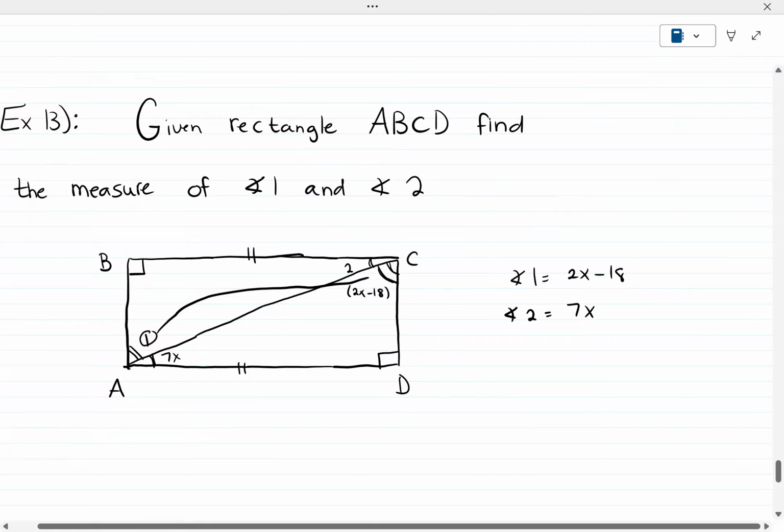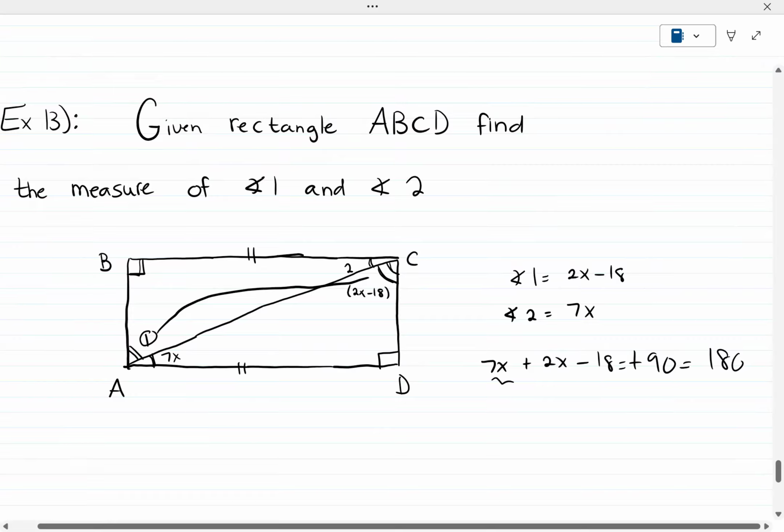So you could say 7x plus 2x minus 18 equals... actually, if you add up this angle plus this angle, which is 90, it is supplementary. So you could say equals 180. Yeah, that's much better. So let's do that.